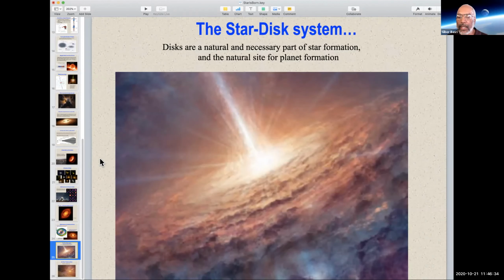Well, let's see. Gravity, of course, is just a force between masses, so that's constant. But what isn't constant is the amount of mass that's there in each different star-forming core, the amount of angular momentum that's present, the density of the material. The denser it is, the more mass you'll have concentrated into a smaller volume. So the gravity near that would be stronger than if you spread the mass out.